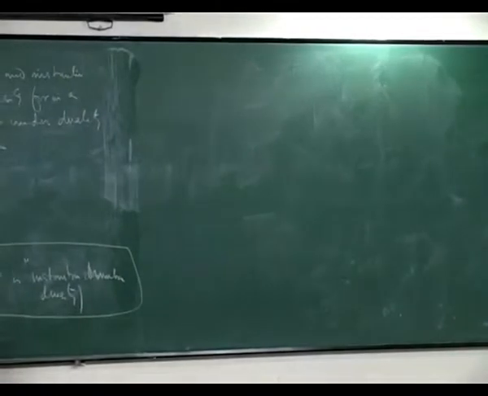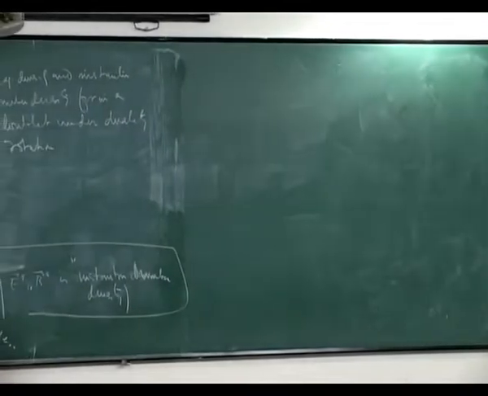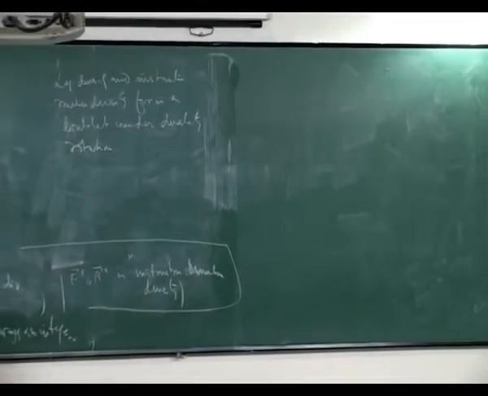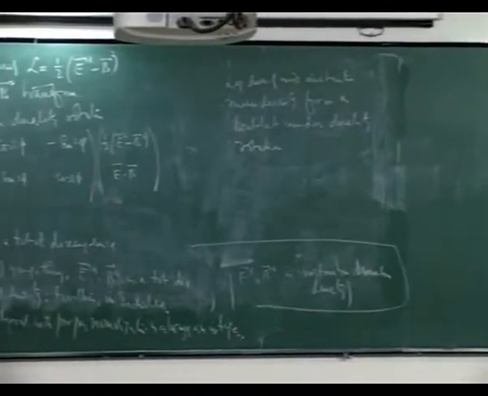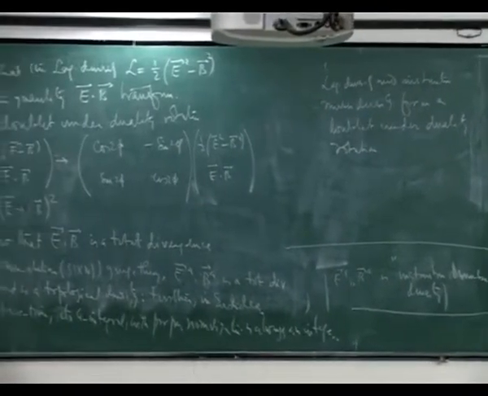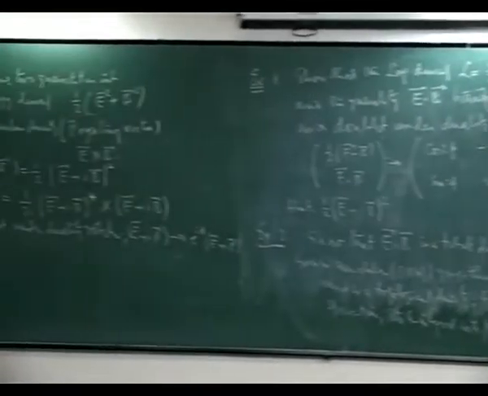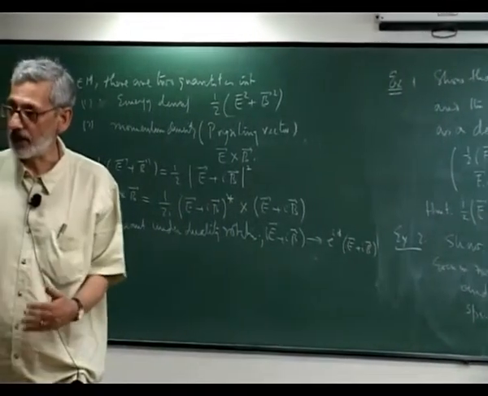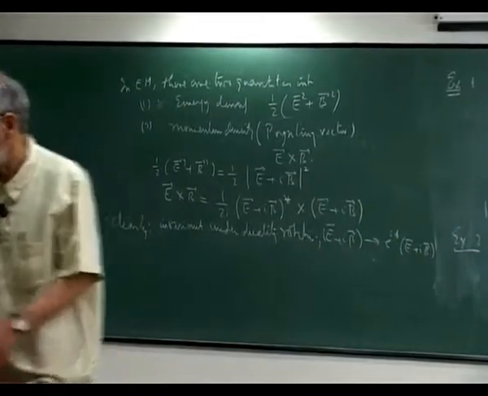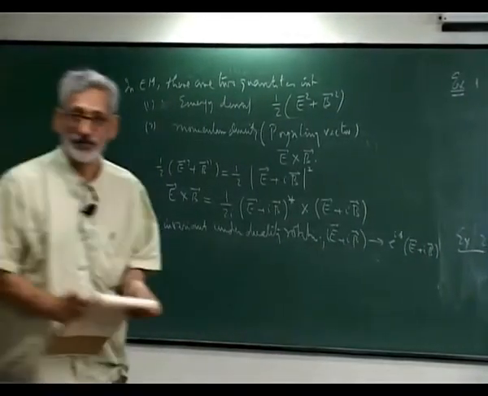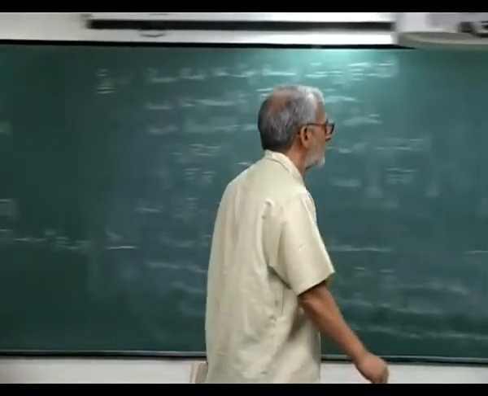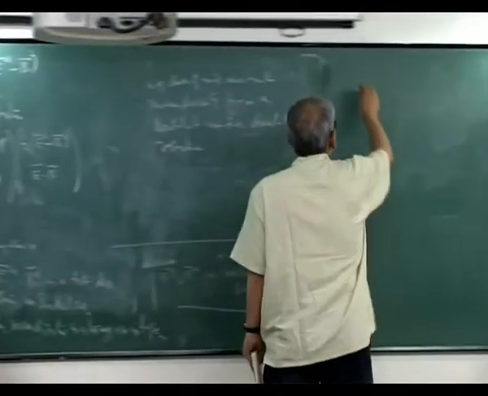We have no sources here, no sources for electric charges. Now, clearly that's Maxwell's theory. If I add electric sources to this, that gives me the full-fledged Maxwell's theory. But the full-fledged Maxwell's theory does not have this duality invariance.